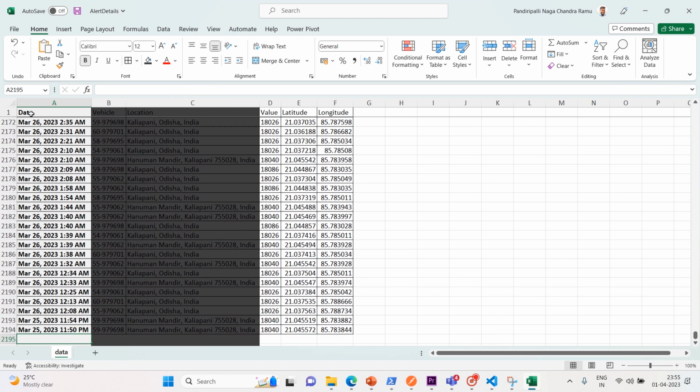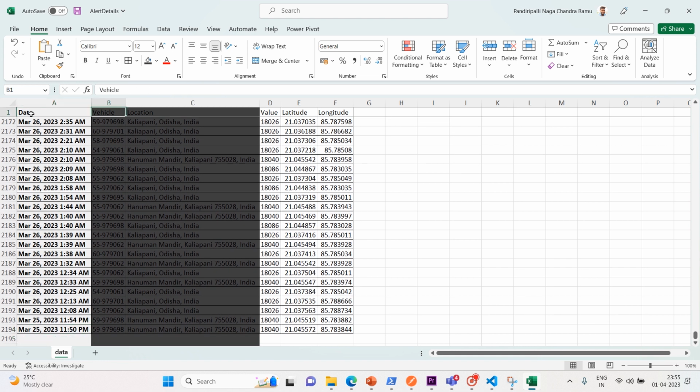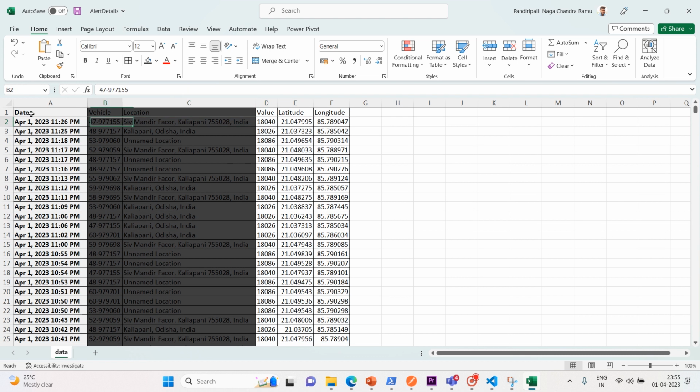And till 11:50 p.m. On the other side, you see the position of the vehicle, where it is at 11:26. It's a geofence. We have created a geofence, again a computer based application with a geofence and a camera module.